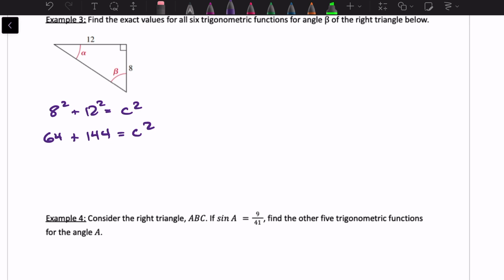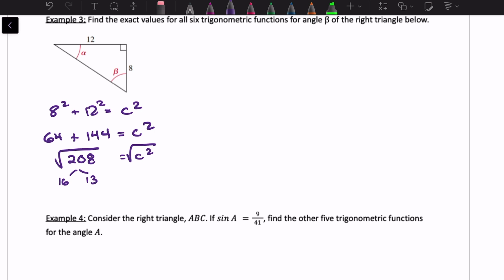I add 64 plus 144, I get 208. And if I take the square root of 208, I end up getting that 208 is 16 times 13.